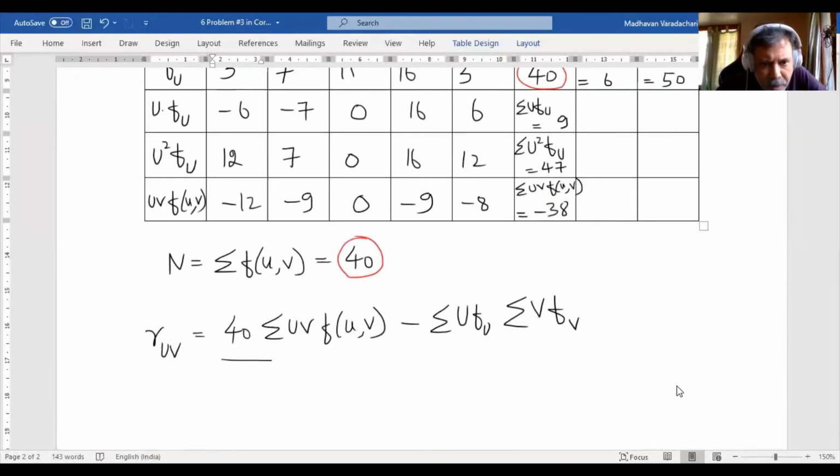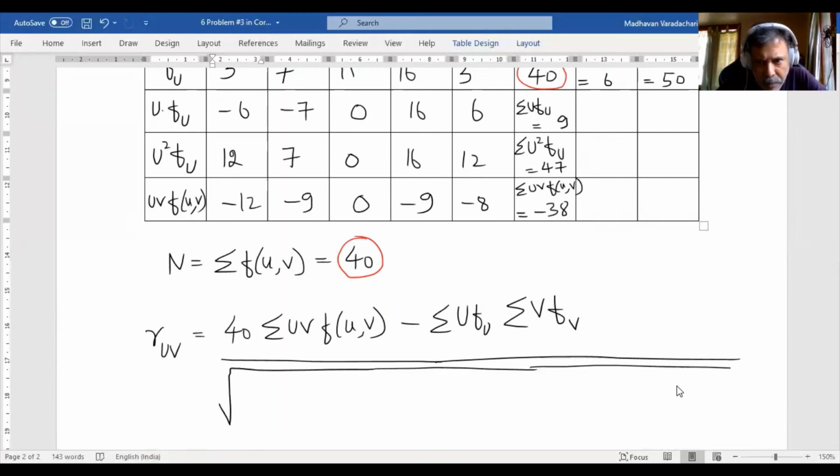The whole thing divided by square root, which will come in the denominator for the whole. We have capital N, which is 40, summation U square into FU minus summation U into FU the whole square.